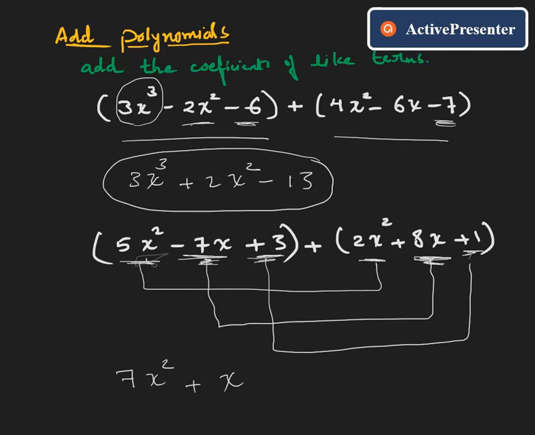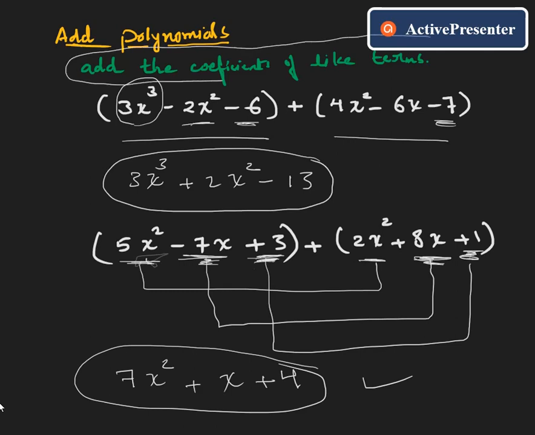And plus 3 as a constant, and plus 1 when added should be plus 4. This is how you add polynomials. You add the coefficients of like terms. That's it for adding polynomials.